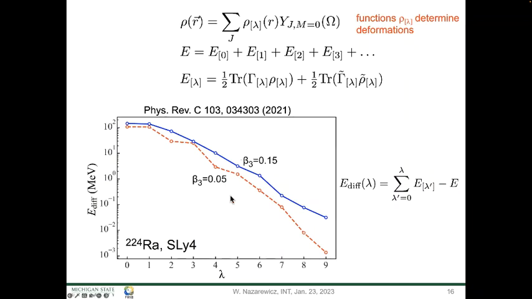And if you look, for instance, into the deformation energy of a nucleus such as radium-224, which has both quadrupole and octupole deformed shapes, you can see that various multipoles, 1, 2, 3, 4, 5, 6, etc., really contribute to the binding energy of the system. So it's not that there is only quadrupole deformation or octupole deformation; various multipoles contribute.